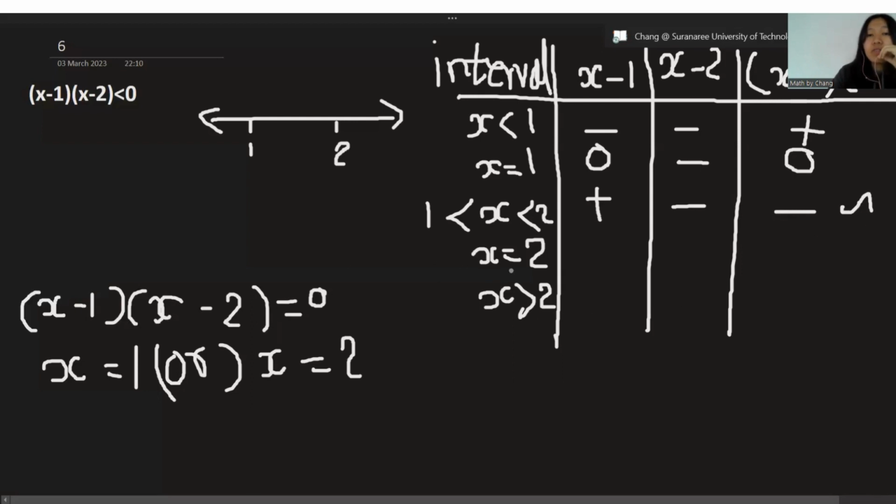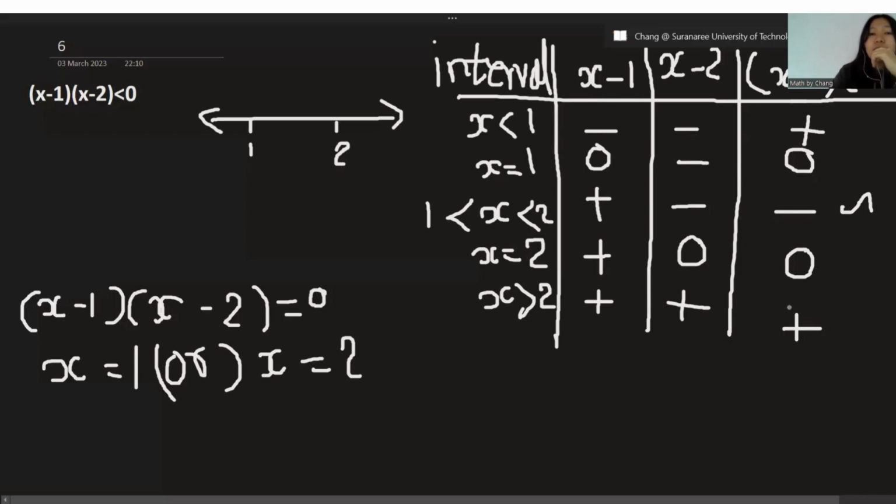When x equal to 2, 2 minus 1, what will you get? Positive 1, right? 2 minus 2, you will get 0. So when you multiply positive and 0, you will get 0, right? So you don't need to consider this interval too. And the last, when x is greater than 2, I will take 3. 3 minus 1 is plus, and 3 minus 2 is plus, so plus and plus, you will get a plus value, right?